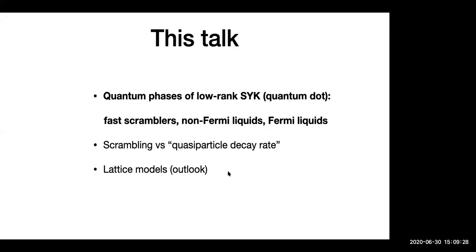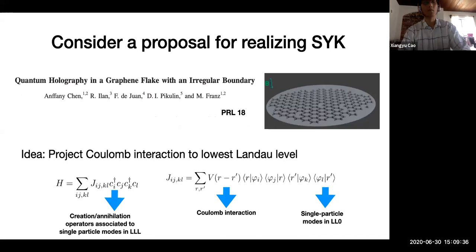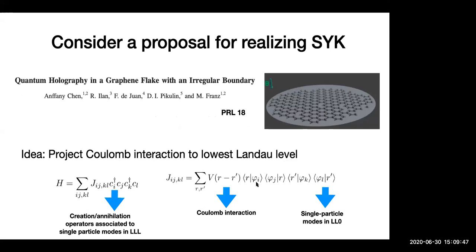Yeah, I want to ask about the proposal. Why did they need to have an irregular boundary? Oh, I guess that's so that these wave functions are irregular, so are randomish. Then why not just use the usual gallium arsenide with some disorder?